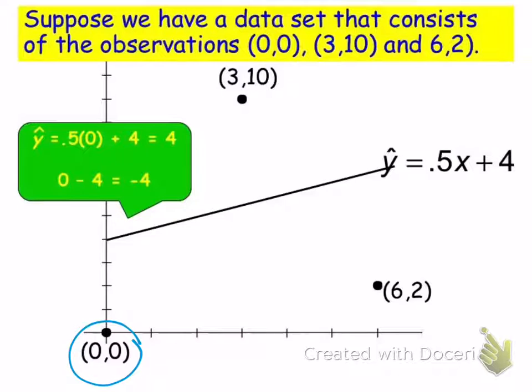We call this the actual observation, or the observed. That is when I took a sample, that is actually what I got. However, when I plug in 0 for x, I'm going to get the point 0, 4. This would be my predicted value.